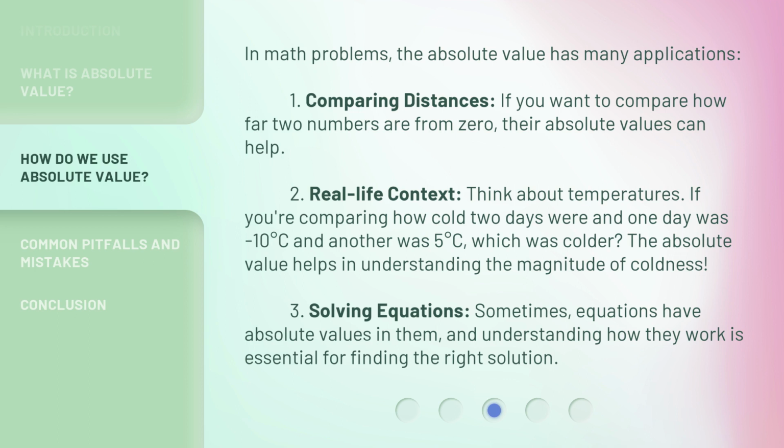If you're comparing how cold 2 days were and one day was -10 degrees Celsius and another was 5 degrees Celsius, which was colder? The absolute value helps in understanding the magnitude of coldness. 3. Solving equations. Sometimes, equations have absolute values in them, and understanding how they work is essential for finding the right solution.